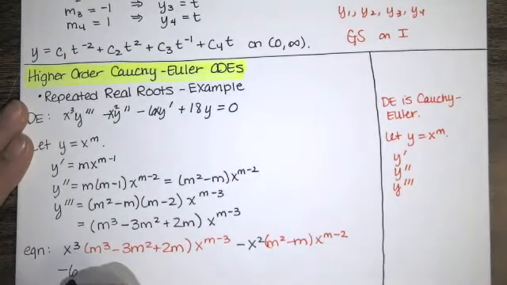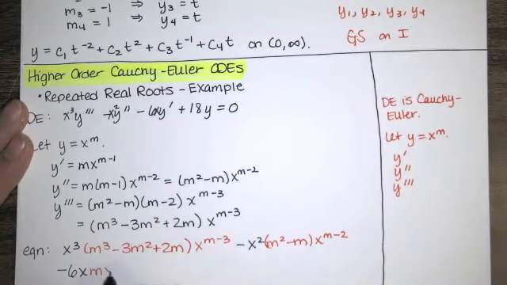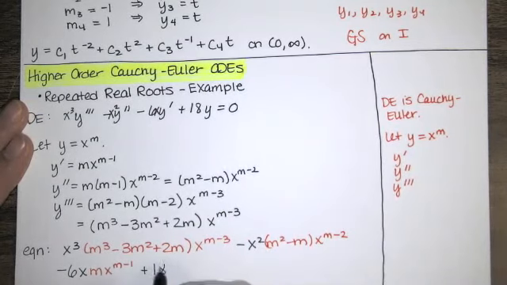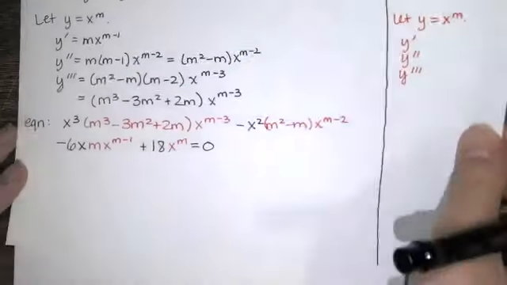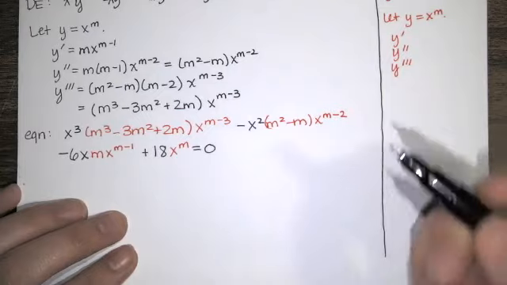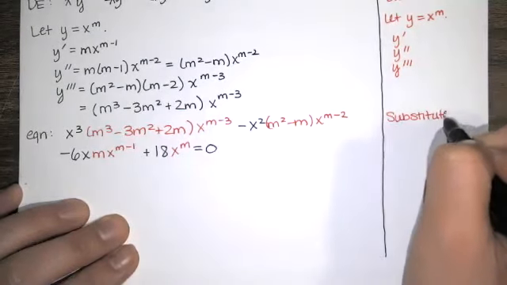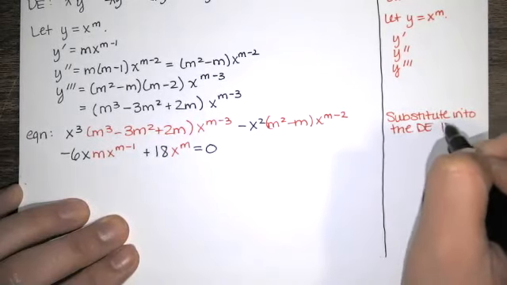Minus 6x times y prime, which was that, plus 18 times y, which is x to the m. That's equal to 0. So we substitute it into the differential equation. And then we will simplify.